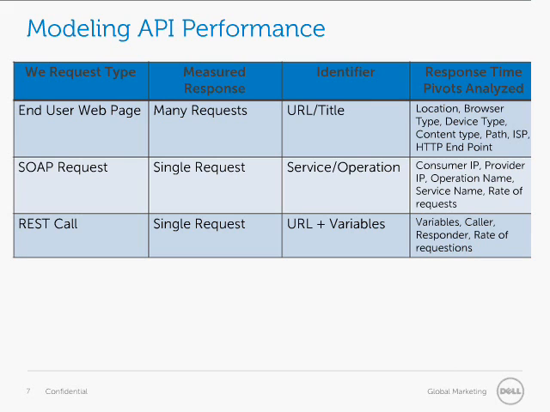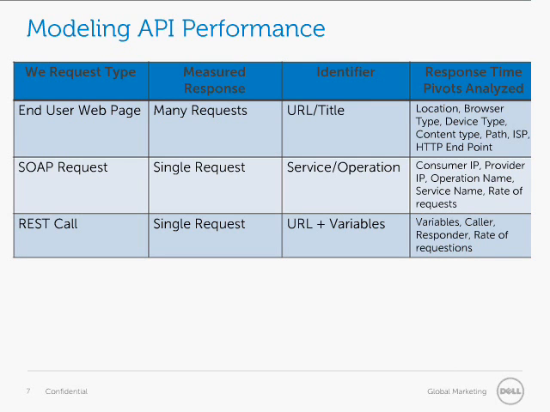If we're talking about a mobile application, for example, that's making a SOAP or a REST call to backend infrastructure, then we very well may have the same kind of geographic variation in our data, but we wouldn't expect to see as much variation from the browser side because it's a native app. It's not a browser itself.